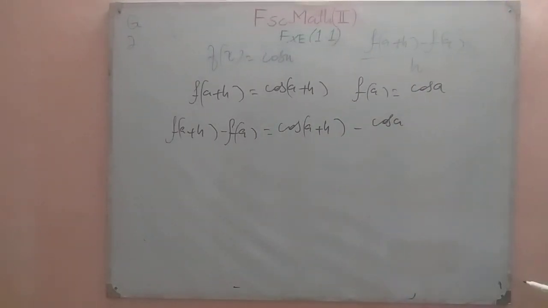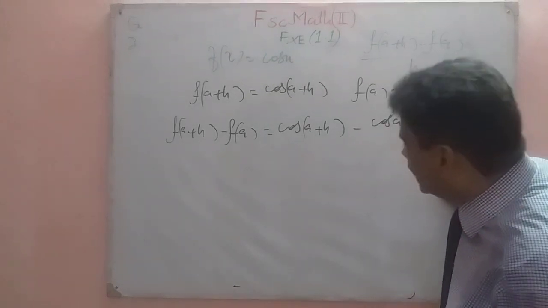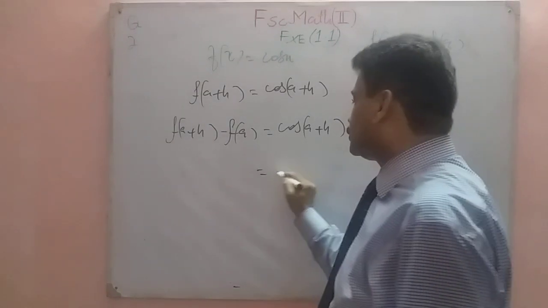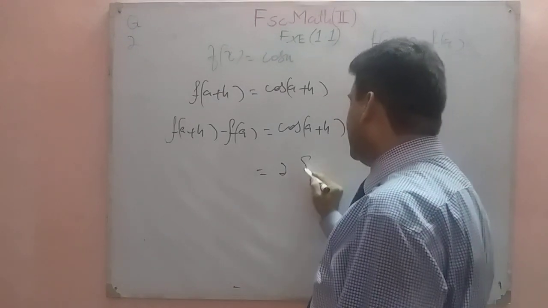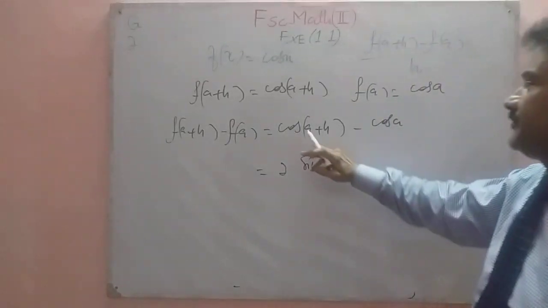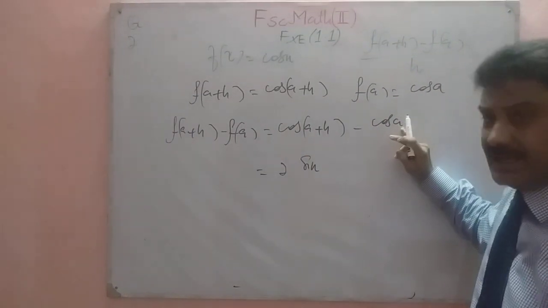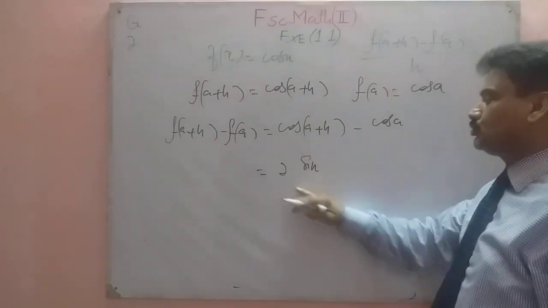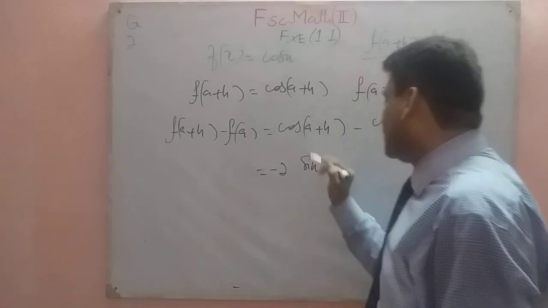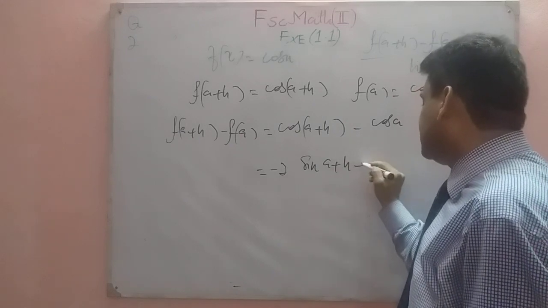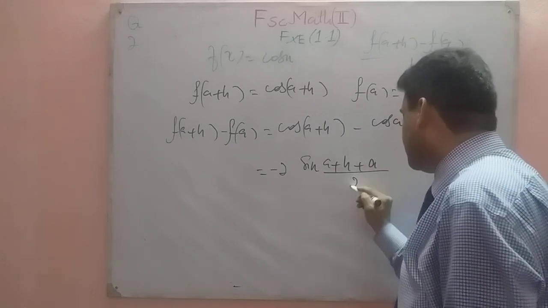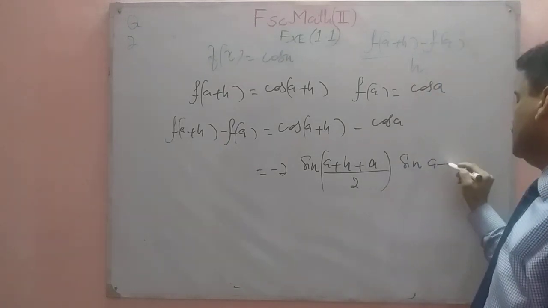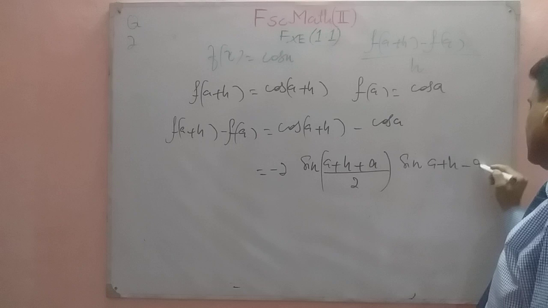This is like the trigonometric formula cos theta minus cos phi, which will be equal to minus 2 sine of theta plus phi by 2 times sine of theta minus phi by 2. Here theta is a plus h and phi is a. Theta plus phi means a plus h plus a, and theta minus phi means a plus h minus a.